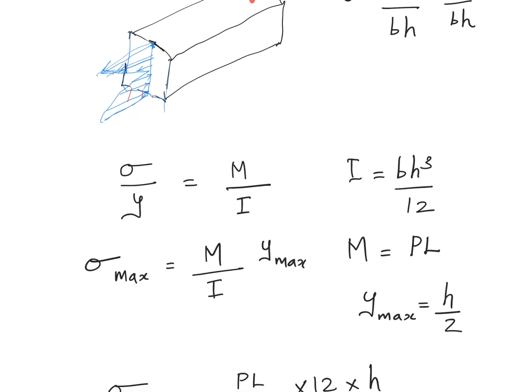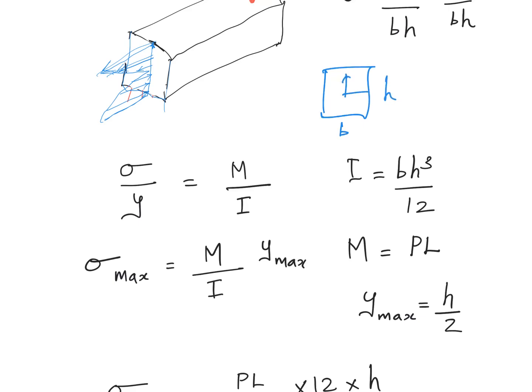Then the maximum bending stress will be at the outermost fiber, the fiber which is at the farthest distance from the neutral axis. So y max, in this case, is h by 2. I hope you remember that the cross section was a rectangular cross section where the dimensions were b and h.